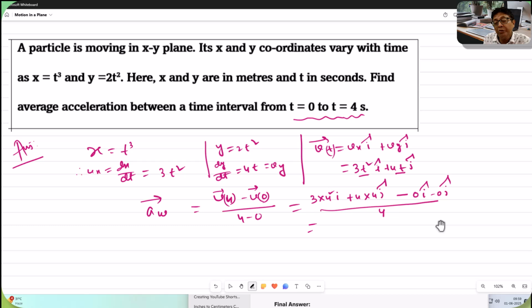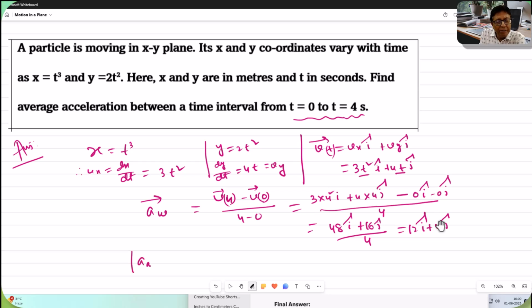So this is going to be what? 48i plus 16j over 4. So this will be 12i plus 4j. Isn't it? The value is 12i plus 4j. This is the value of average acceleration between the time interval t equal to 0 and t equal to 4.